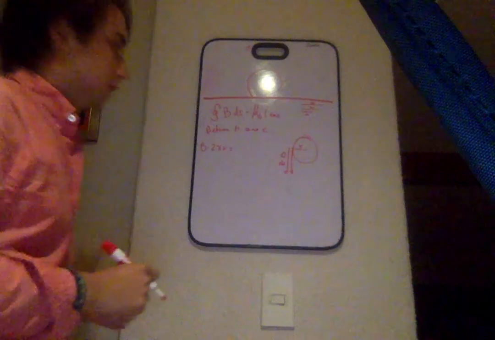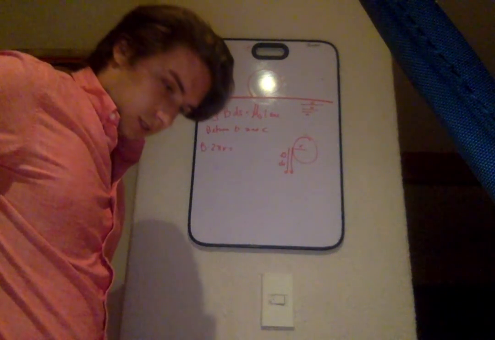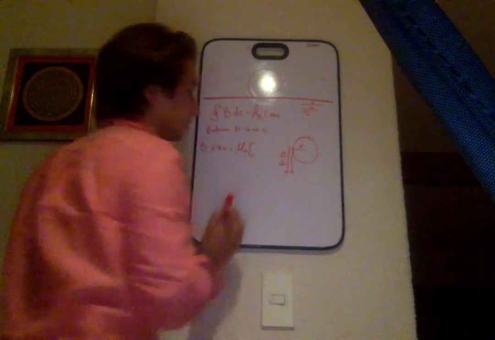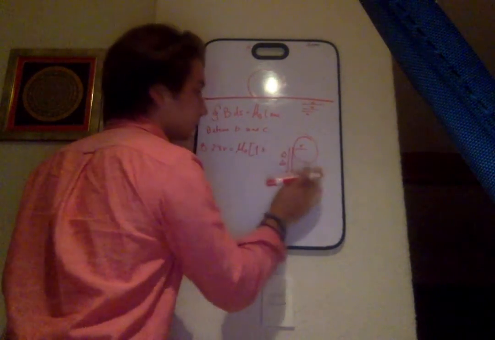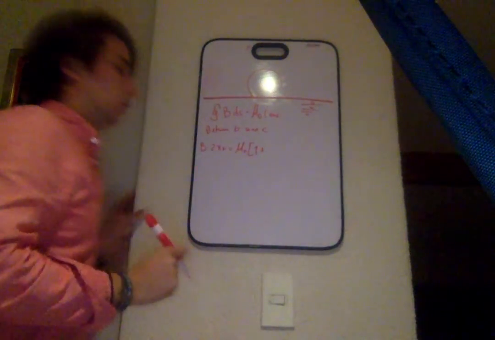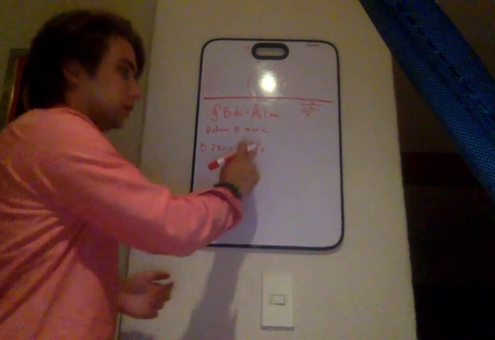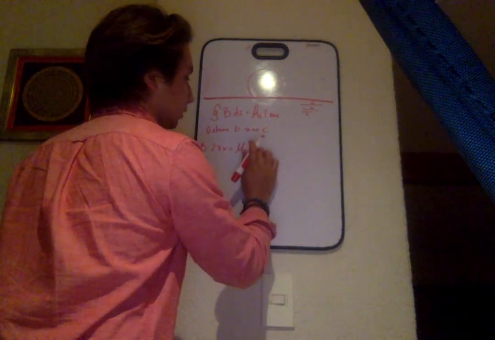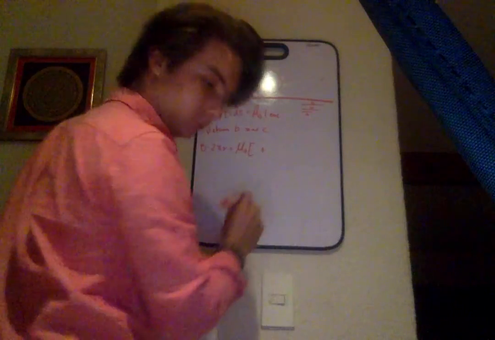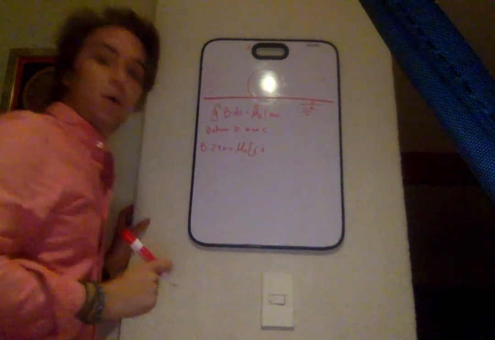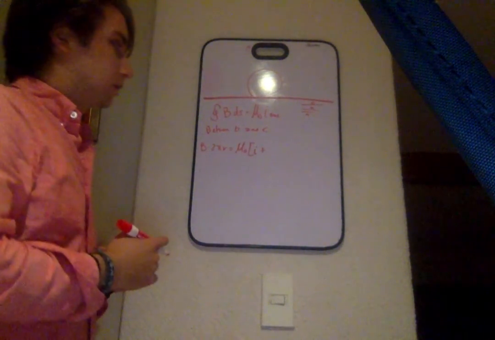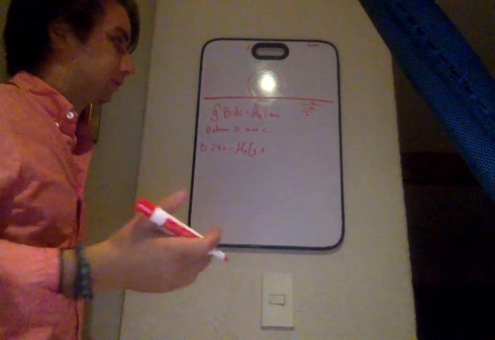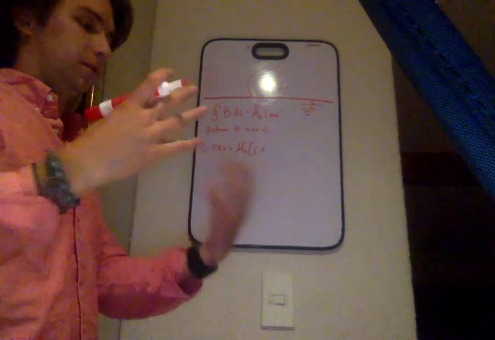So the current density will change as if we have mu naught multiplying I, that's I times the current density of the shell.